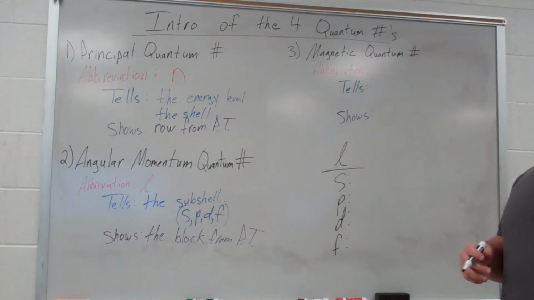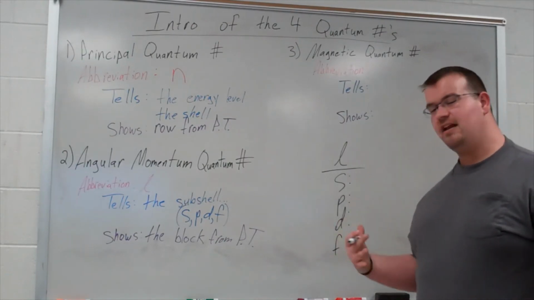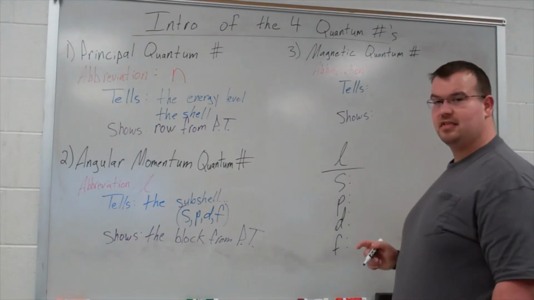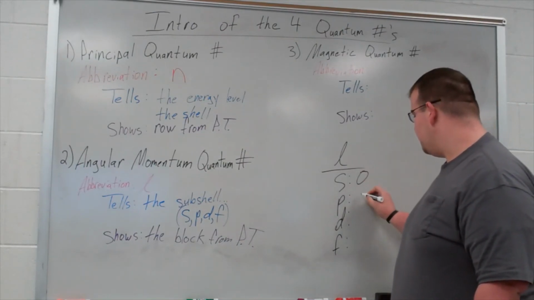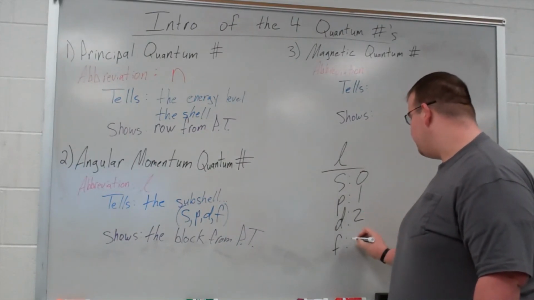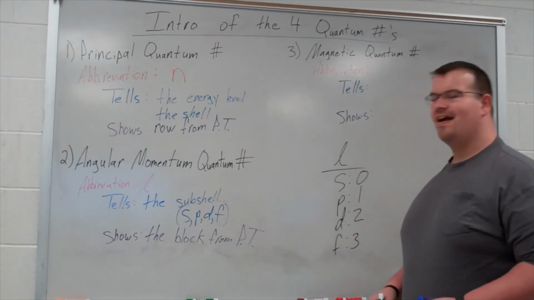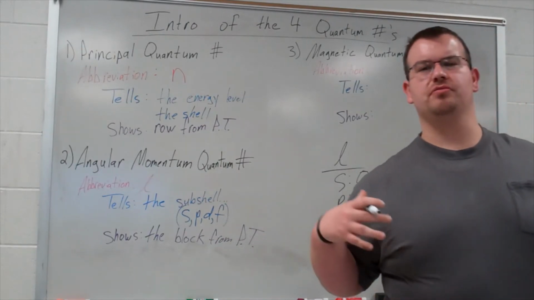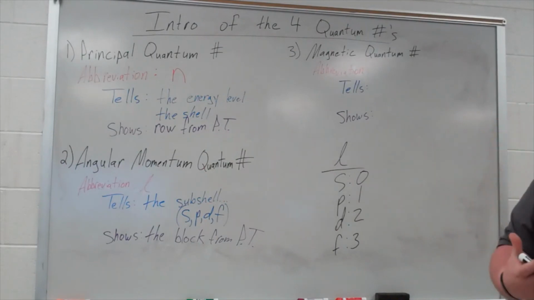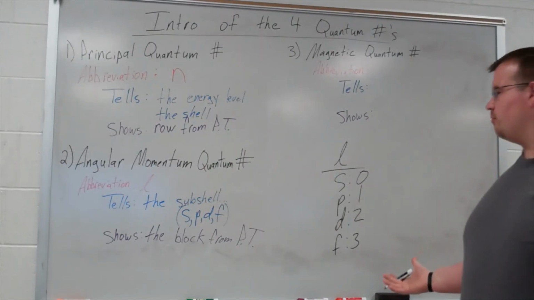It's a set defined number. For s, the number is 0. For p, the number is 1. For d, the number is 2. For f, the number is 3. This is one of those you just get it. You got to accept it, and you just walk on and go on through life.